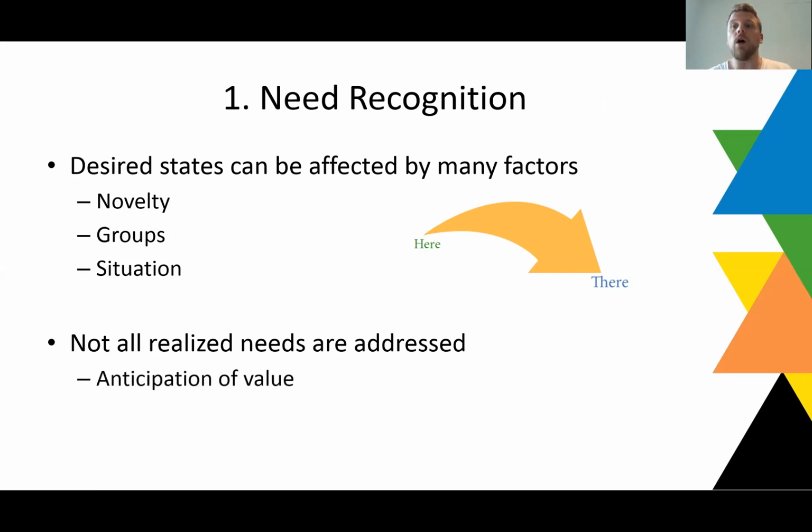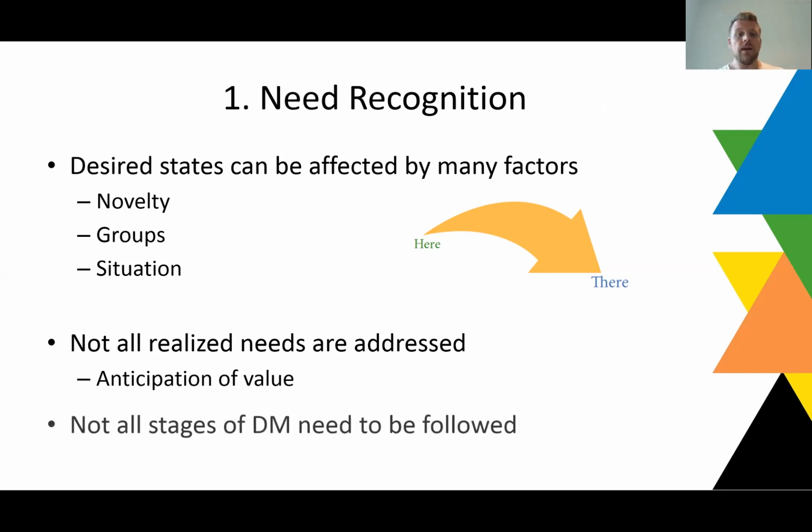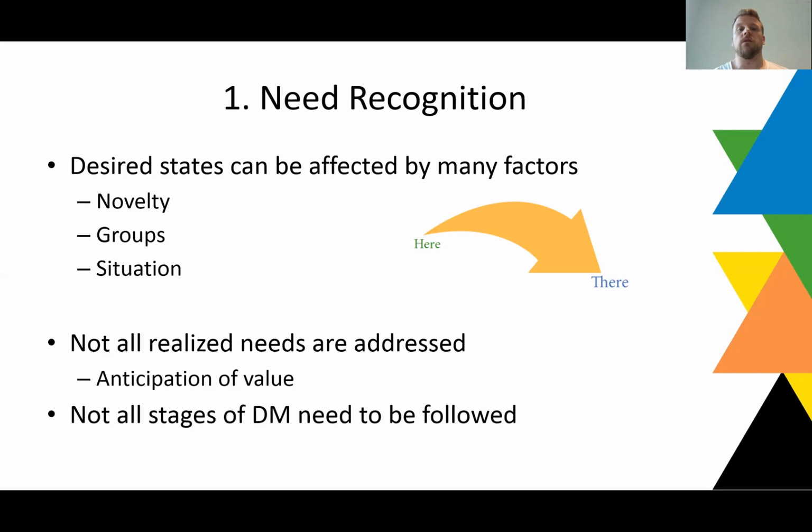So whether we go on and address our needs is typically the anticipation of value. If we think it's promising enough to get something done or to engage in something, we'll do it. If we don't, we won't. As simple as that. And if we, for instance, do not go on and address the realized needs, the decision-making process stops. And if we engage in habitual decision-making, we might not even engage in any information search.